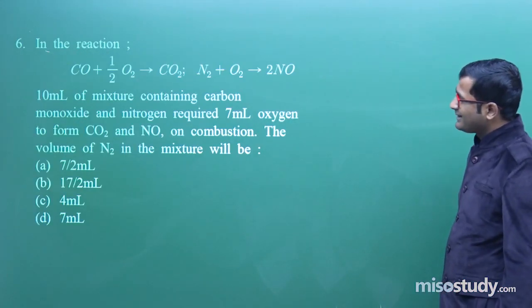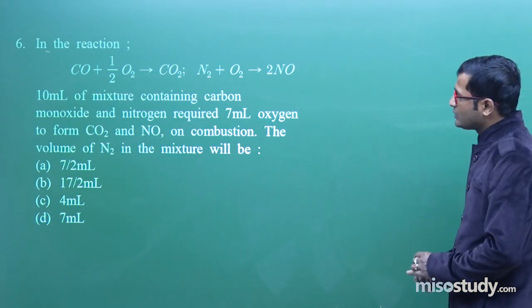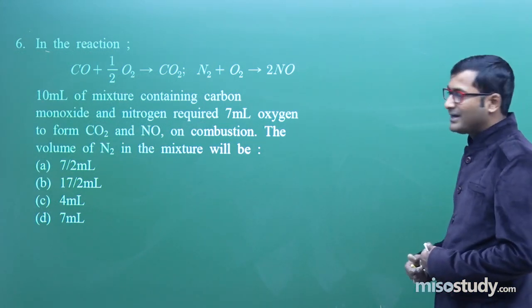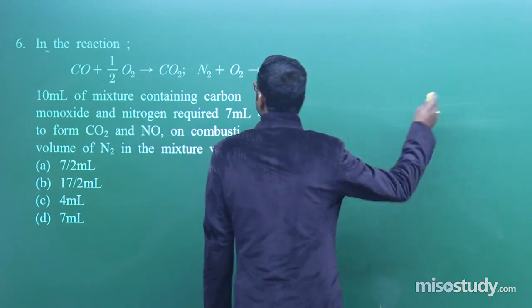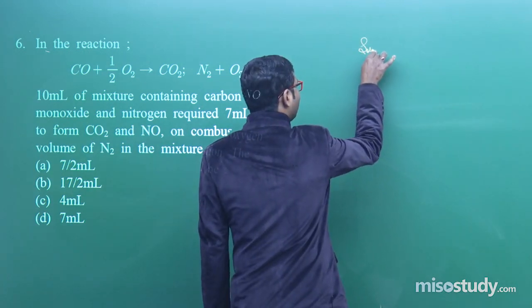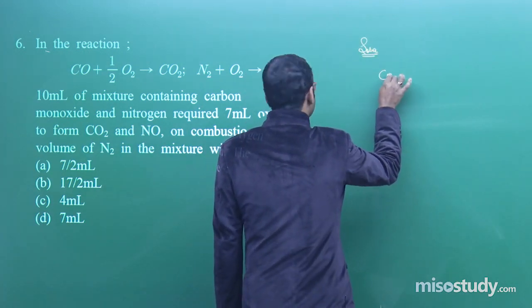Now question number 6. This is a good question. Read the question. It is given here CO plus half O2 gives you CO2. First of all, let me write the equation.